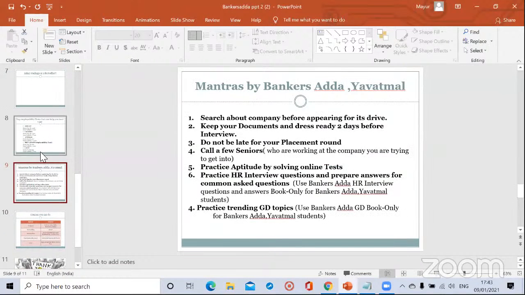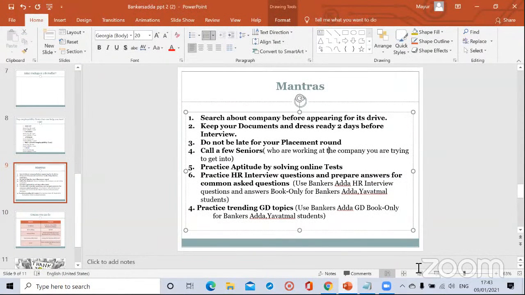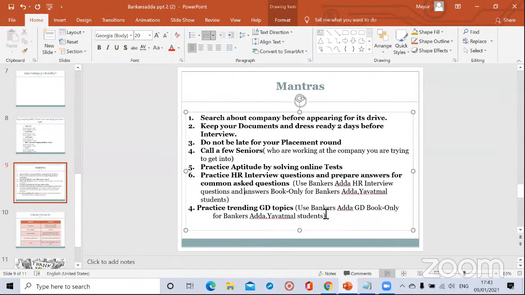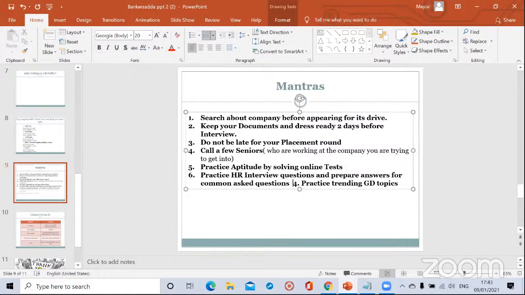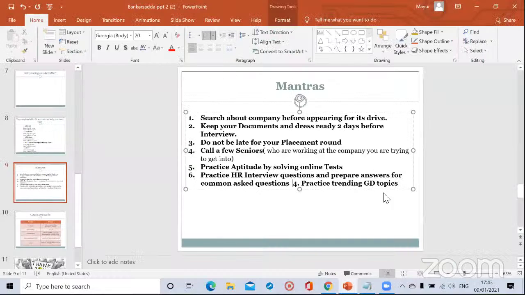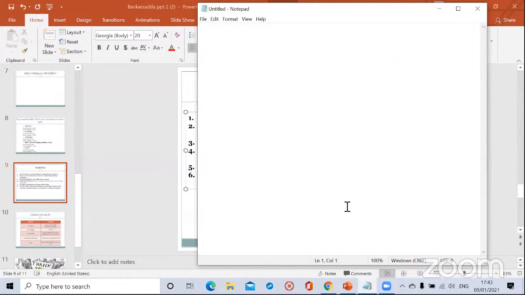Now, apart from that, I also would like to suggest some mantras. Personally, these have helped me to get the job. I will tell you one by one. First of all, search about a company before appearing for its drive. For example, if you are going for any company, you should always search for it. What exactly will you search for?